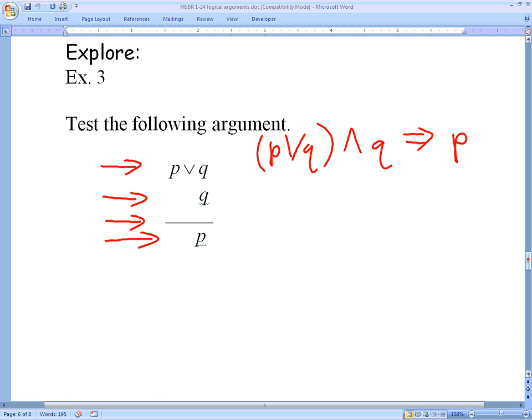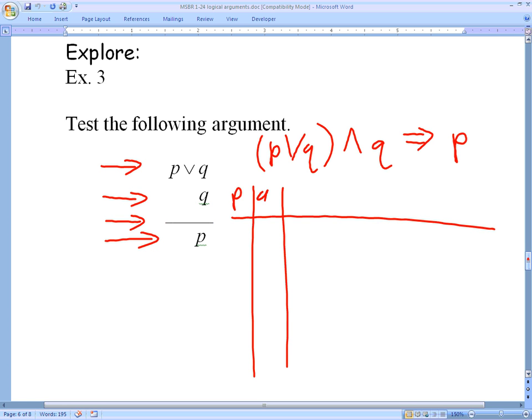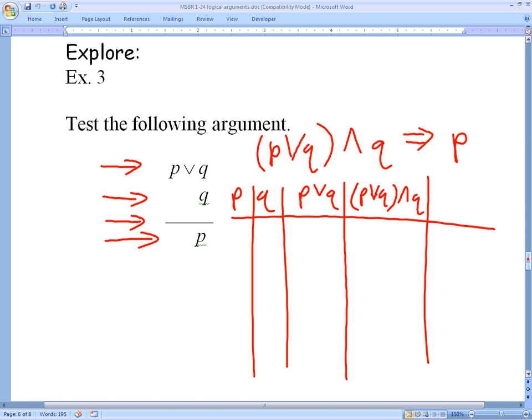So now we need to make a truth table for that. Only two premises, P and Q. Then I need to go inside my group, which is P or Q. Then I'm going to combine the parentheses, the P or Q, and Q. And then I'm going to take everything, all of my premises, P or Q and Q, and compare that with P, which I already have its own column for.